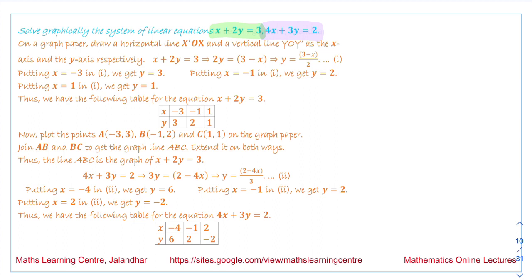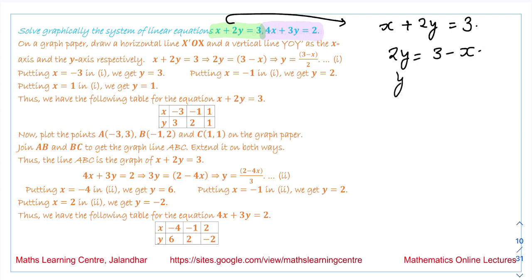So to draw this line, we are talking about the first equation over here. It is x plus 2y is equal to 3. So from this equation we can write that 2y is equal to 3 minus x. So we get y is equal to (3 minus x) by 2. So if we substitute different values of x over here, we are substituting x is equal to, say, 1.